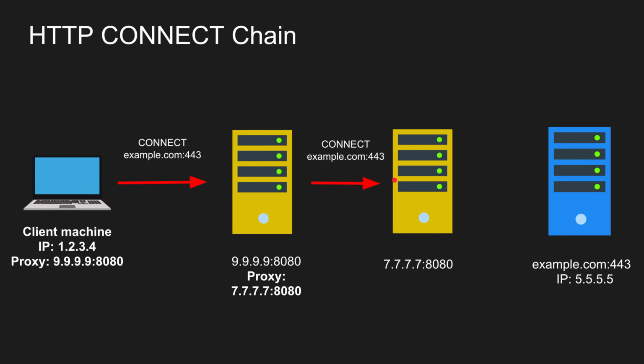So it just forwards the same exact method to its own proxy. And then that proxy receives it and doesn't have a proxy. If it does, it will do the same thing. If it doesn't, it will do its job by establishing the TCP connection to the backend, which is the tunnel. And now it will just write back on the same TCP connection all the way back. So this is like a whole big tunnel.